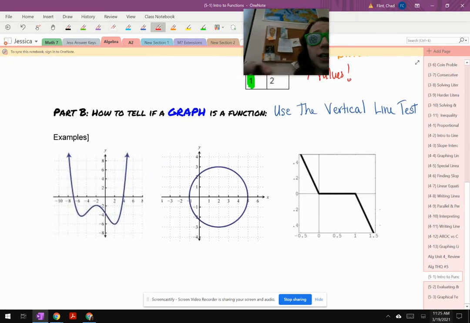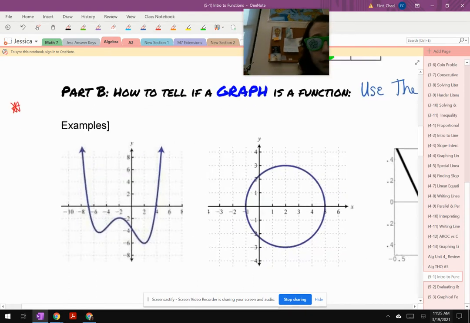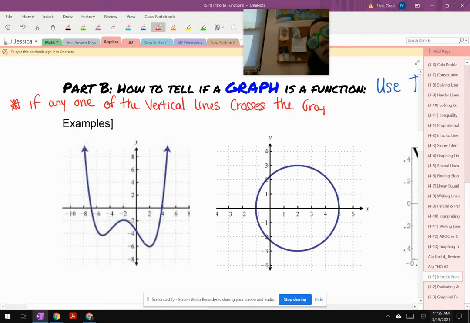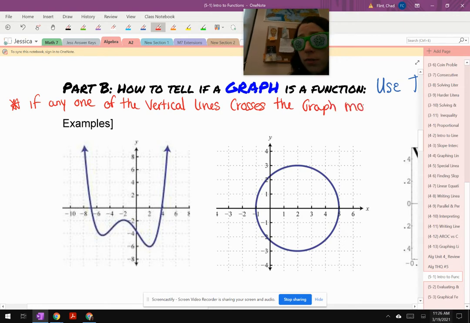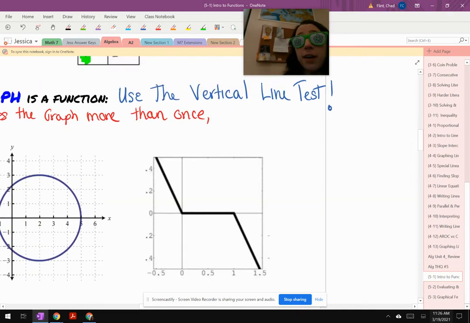And the vertical line test says, I'm going to zoom in on this, if any one of the vertical lines crosses the graph more than once, it fails the test.